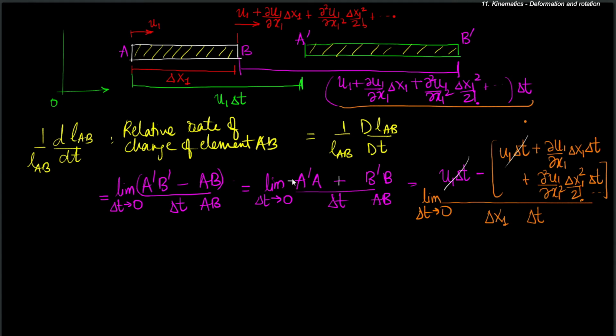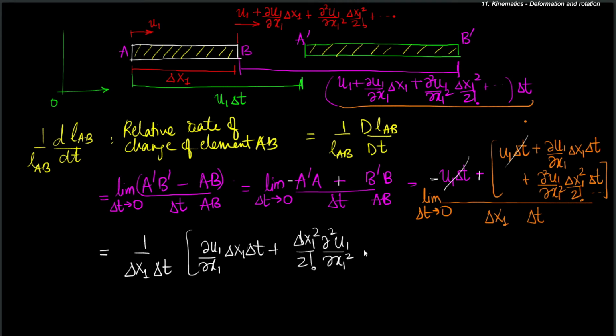Now the first term u1 delta t cancels out, and we can simplify this to limit delta t goes to 0, 1 upon delta x1 delta t times del u1 del x1 times delta x1 times delta t plus higher order terms.